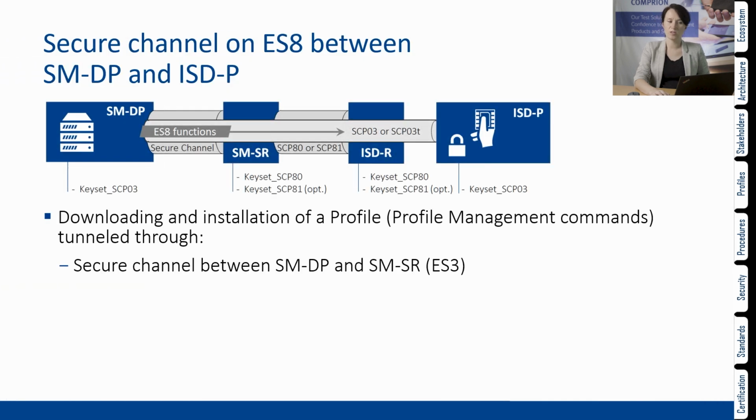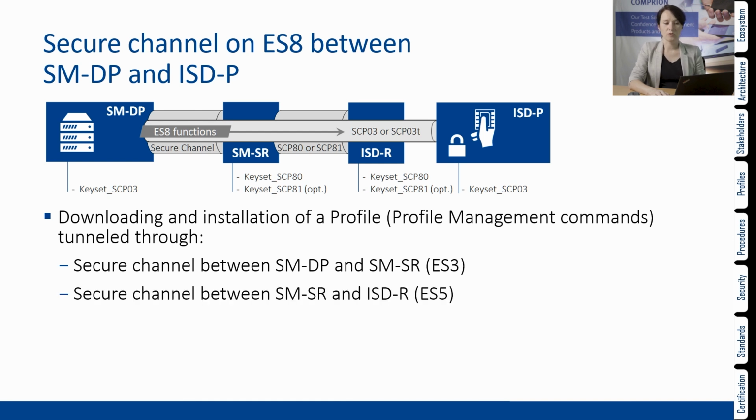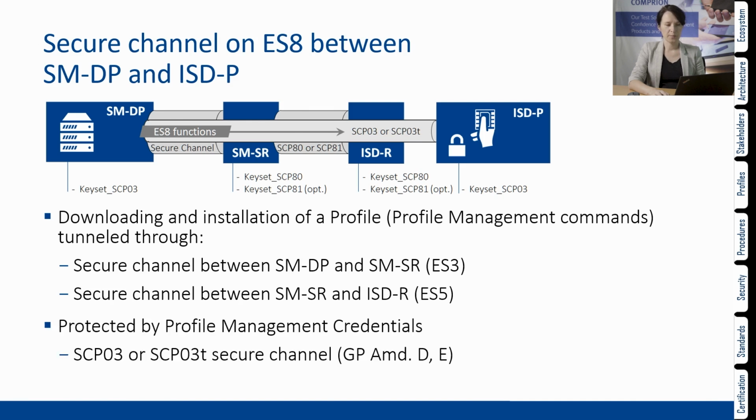Okay, let's take a look at the secure channel on ES8 between the SMDP and the ISD-P, actually. You can see it's now tunneled through the SMSR channel, and it's used for downloading and installation of a profile, the profile management commands. So it goes through the secure channel between the SMDP and the SMSR on the ES3, and the secure channel between the SMSR and the ISD-R on the ES5, protected by profile management credentials, an SCP-03 or SCP-03T secure channel.